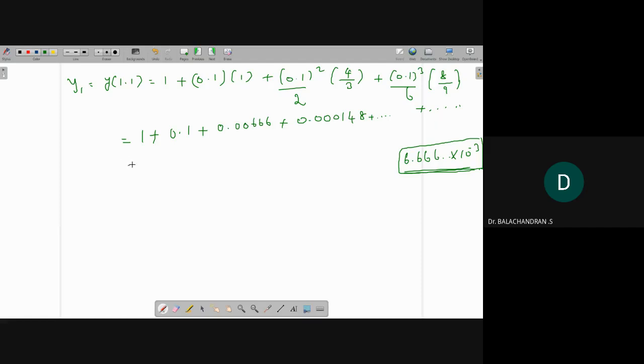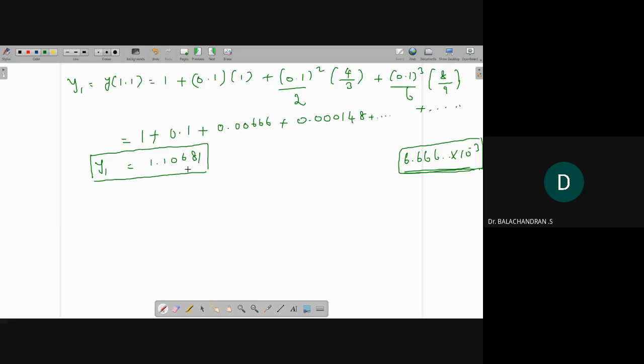After adding this, please check it. I will write the answer. If there is any correction, you can inform me. 1.10681. Okay, I think there is no correction.